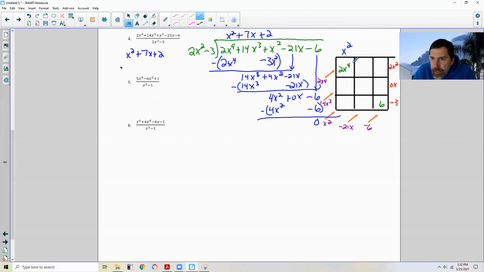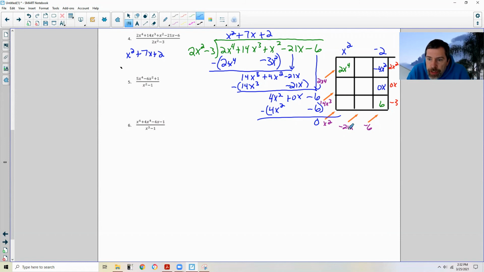So then I take 2x squared times x squared is 2x to the fourth. Negative 3 times 2 is negative 6, no, it's negative 2, my fault. Negative 2 times 0x is still 0x. Negative 2 times 2x squared is negative 4x squared.